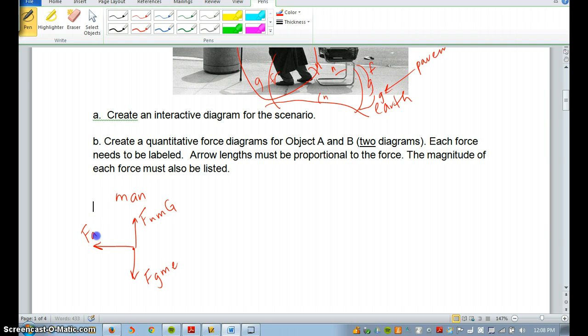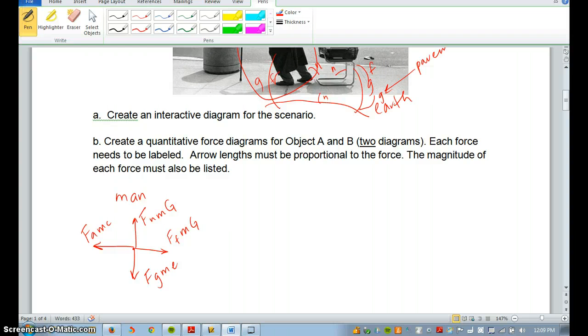So that's an applied force between the man and the chair. And I did say there was a frictional force, and we're going to determine what that frictional force is. The frictional force is between the man and the ground. Now I know this looks like it's a balanced force diagram. I'm going to adjust these vectors once I get the values so that I know how long to make those.